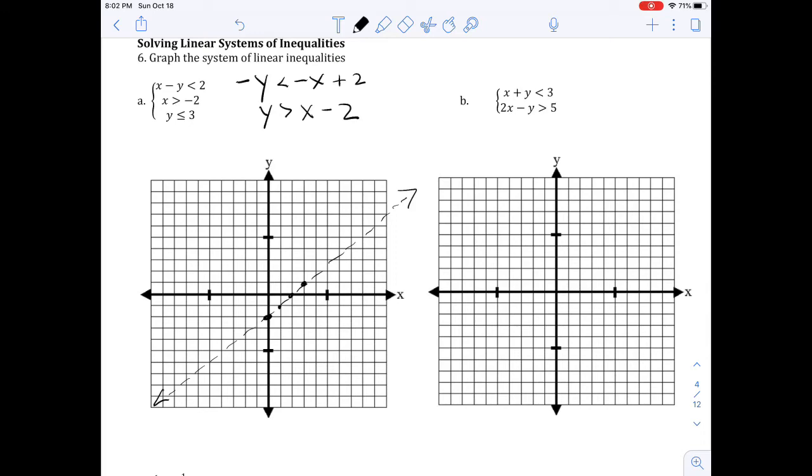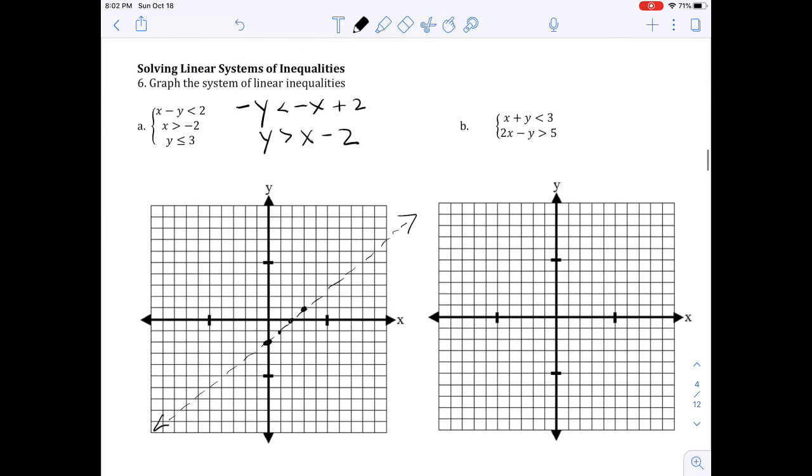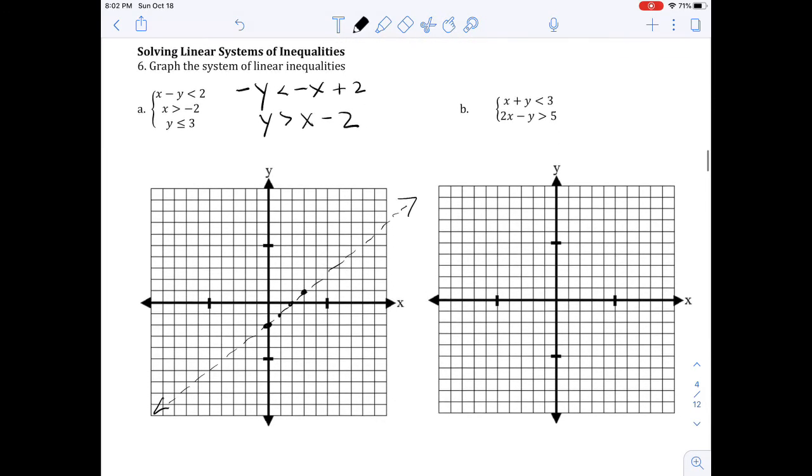And then we will choose our test point to determine where we shade. Are we going to shade above that line or below that line? And that's all depending on where all the solutions to that linear inequality fall. So I will use my test point, 0, 0.